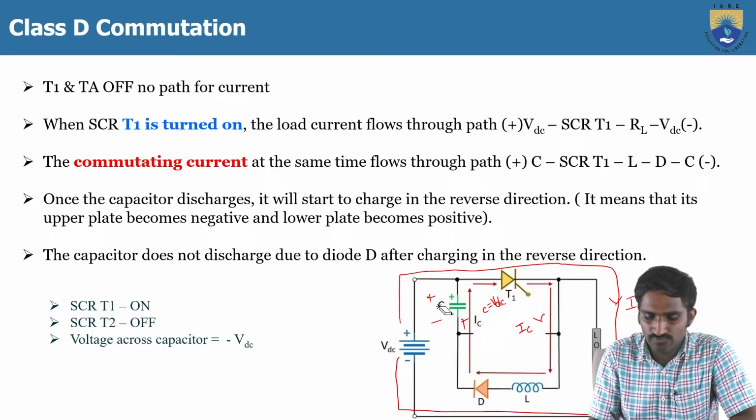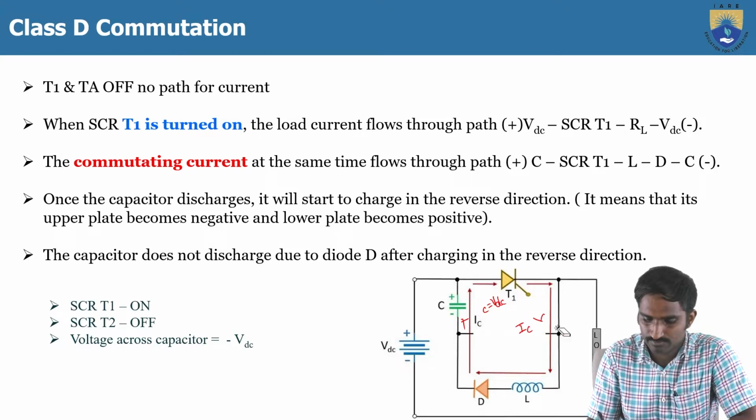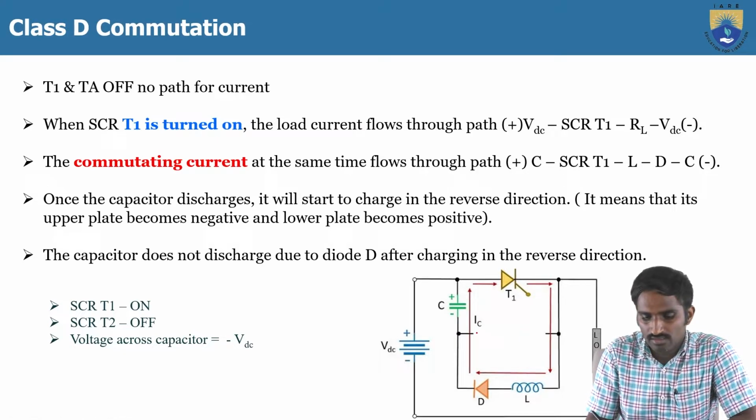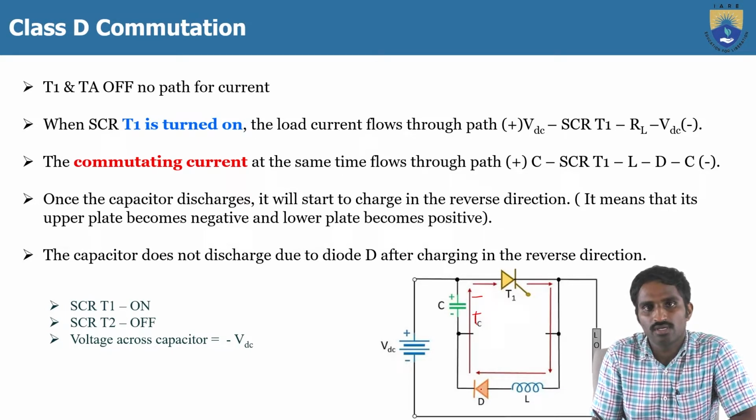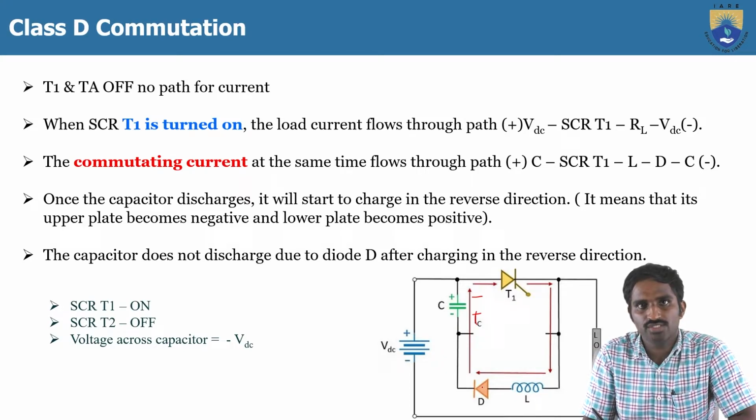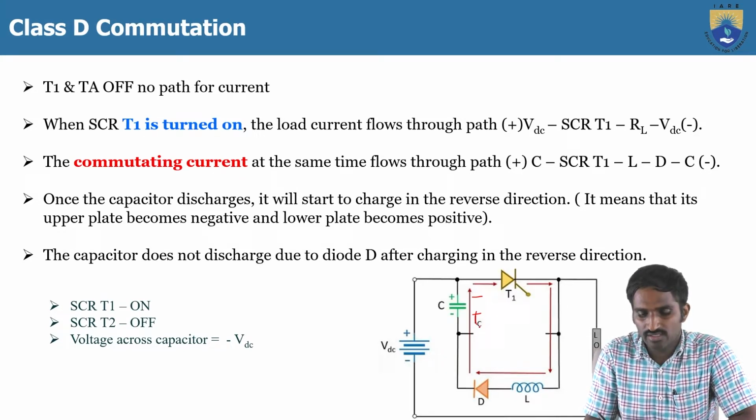When the capacitor is fully charged in the reverse direction, there is no path to discharge it, because this is minus and this is plus. In this way the current will not flow, and in this way also it will not flow, because the diode will not allow the reverse biased voltage. So there is no path to discharge the capacitor.